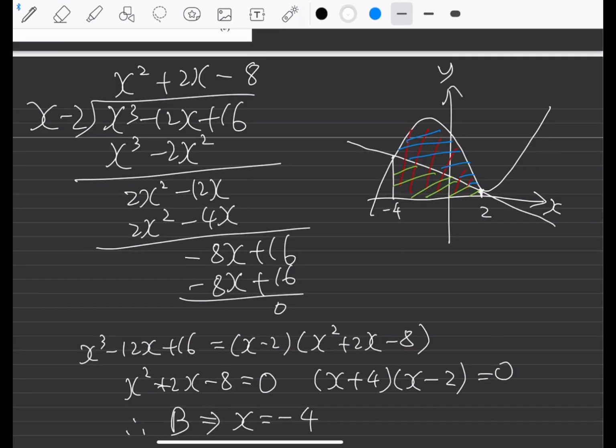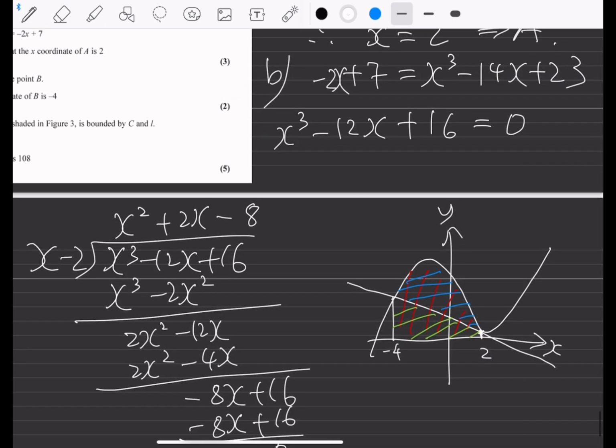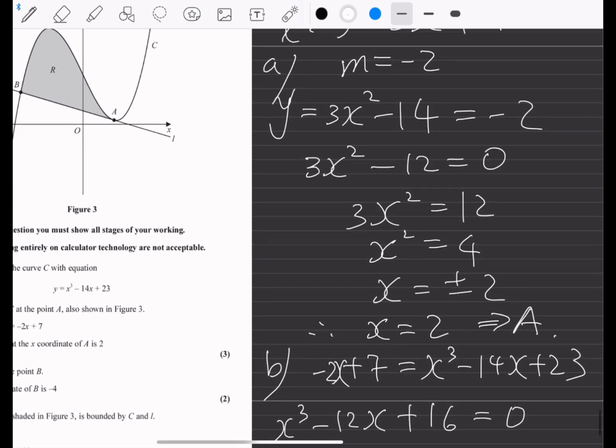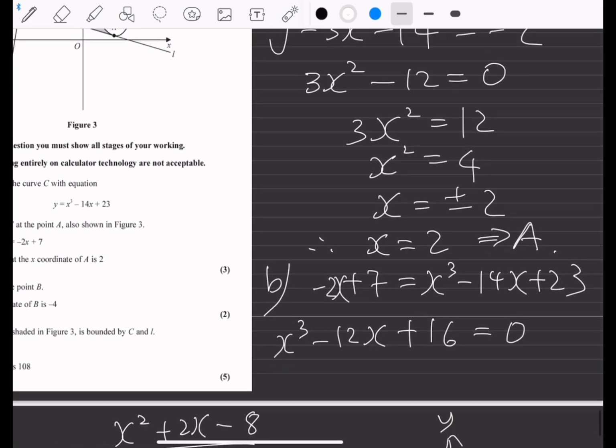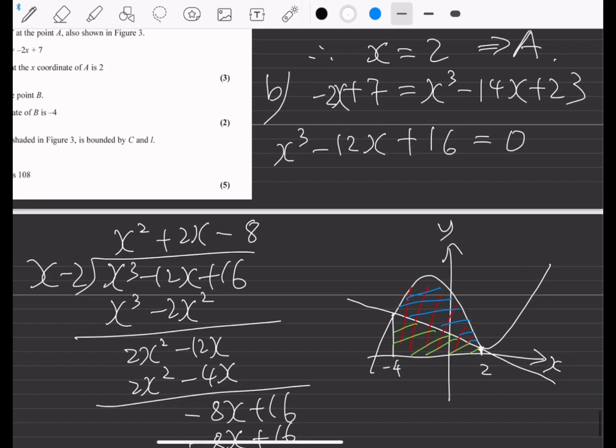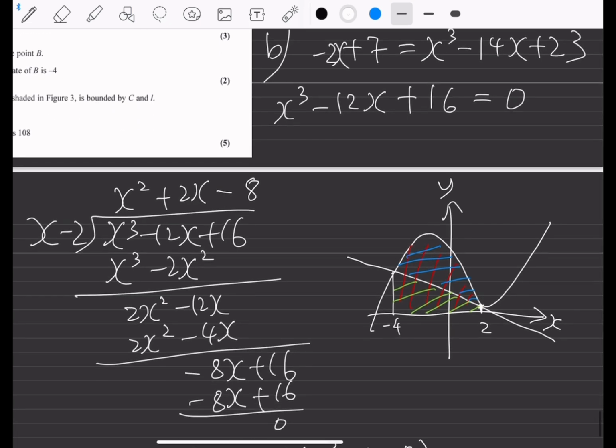As you can see, we needed to prove the x-coordinate of B is minus 4, and we proved it. Okay, now let's move on to part C. Part C says you need to find the finite region in the figure, bounded by the tangent line and the curve, and we need to prove that the area is 108. So take a look at this graph as sketched here.